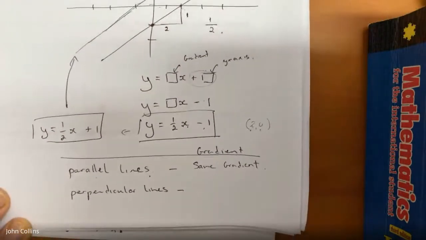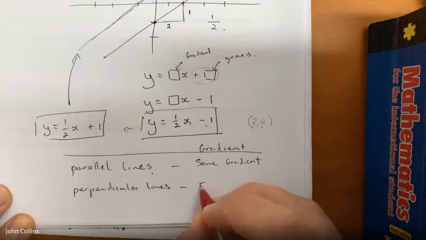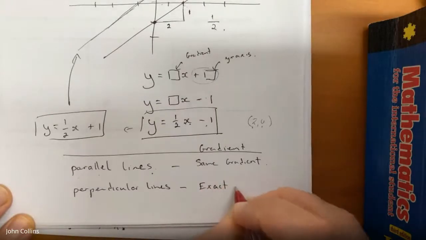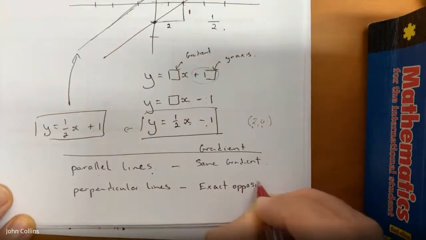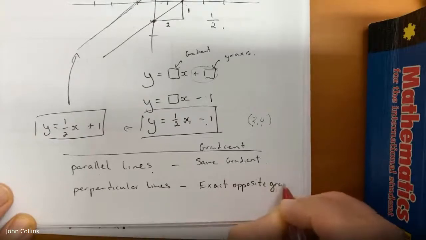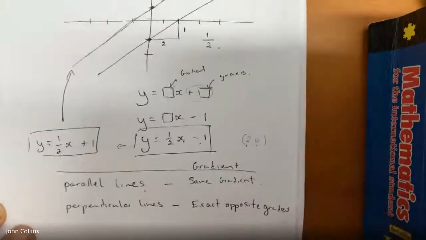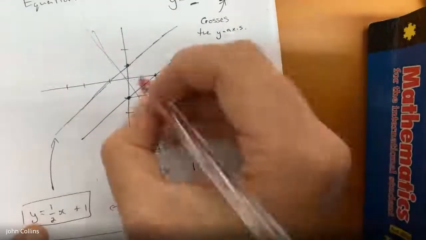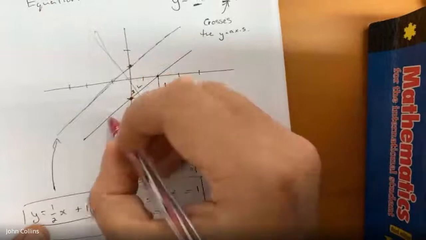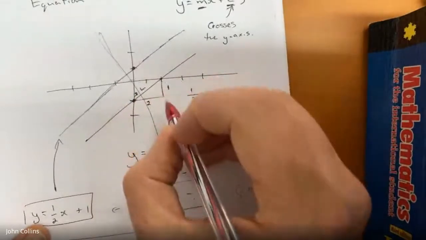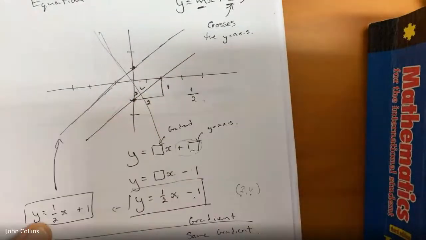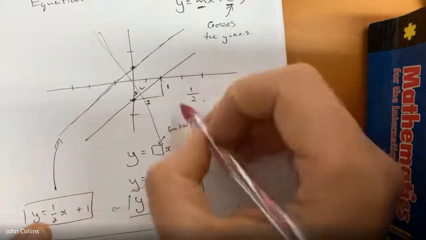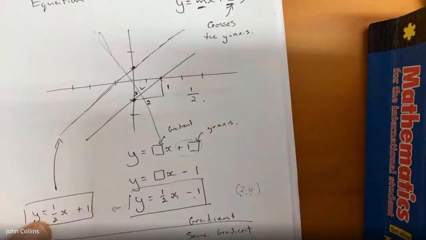A perpendicular line will have the exact opposite gradient. So think about it. If something is perpendicular, it completely hits it at right angles. It goes straight through it and makes right angles here. If this one goes that way, the other one goes definitely negative slope, because if this one's positive, the other one has to be negative in order to meet it at right angles.